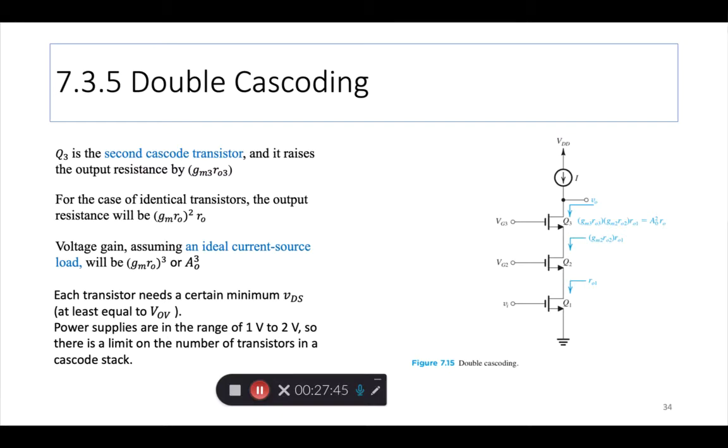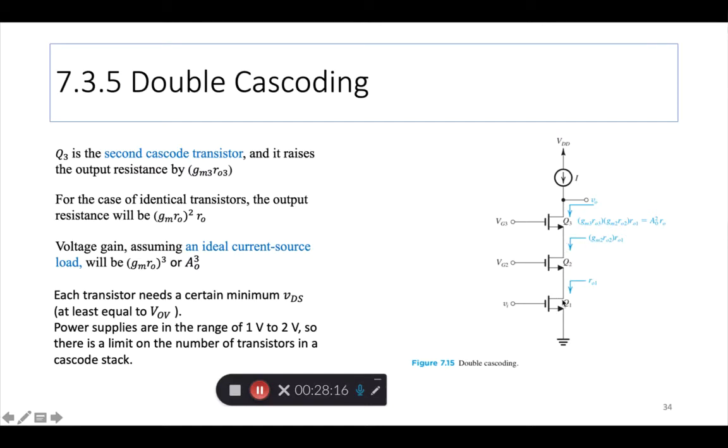We know that if we use a cascode transistor, but we also use a cascode transistor on the current source load, then the gain has improved. Can we have more cascode transistors to keep increasing the gain? And the answer is theoretically, yes, it's possible. Hence the term double cascoding, where you have two cascode transistors.